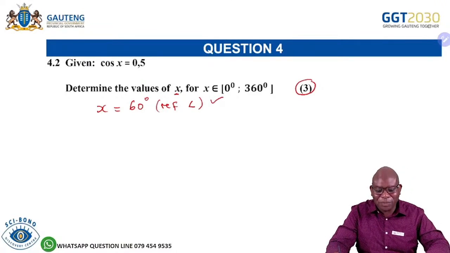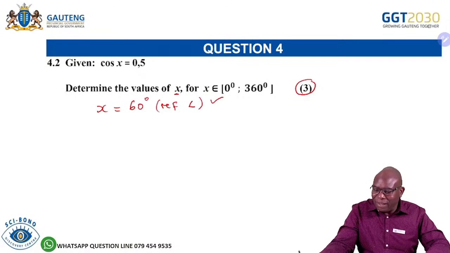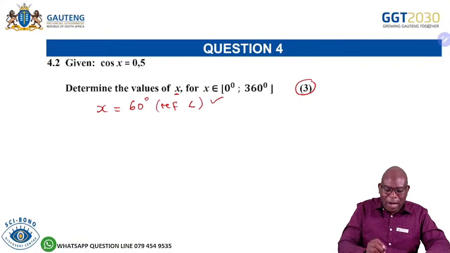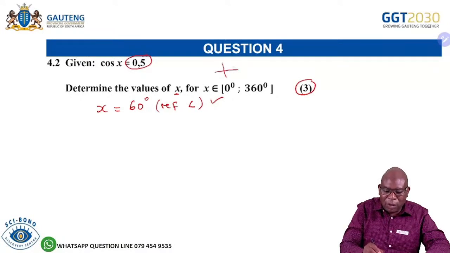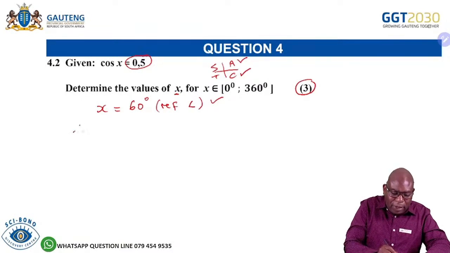Great. Okay. The next mark will be 4. I know that this cos there is positive. Where is the cos positive according to our CAST? It is in the first quadrant and the fourth. Therefore, my solution will be x equals 60 degrees in the first quadrant.